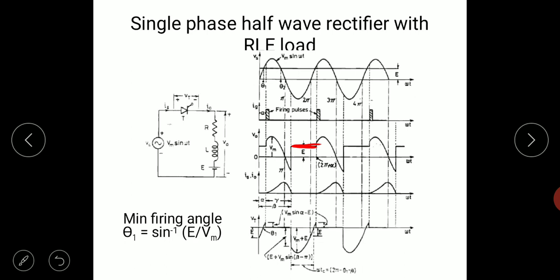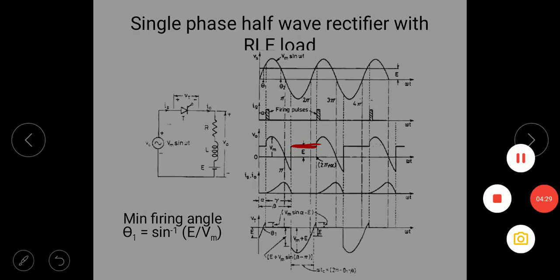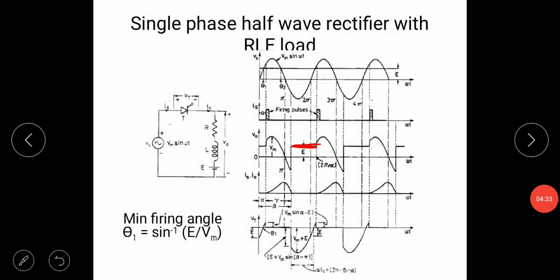when the SCR is conducting, the load voltage will be equal to supply voltage, and when the SCR is not conducting, the load voltage will be equal to back EMF. And again, at omega t is equal to 2 pi plus alpha, the SCR is triggered, and the load voltage will again become equal to the supply voltage.